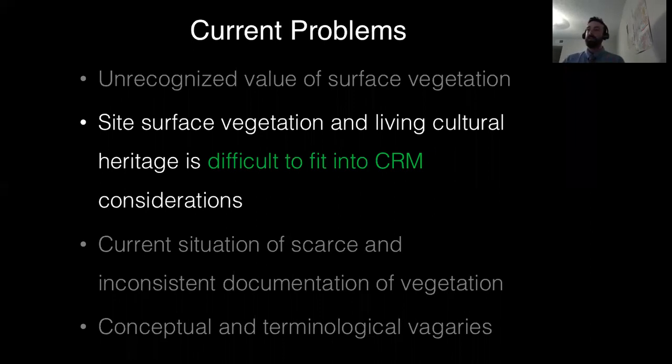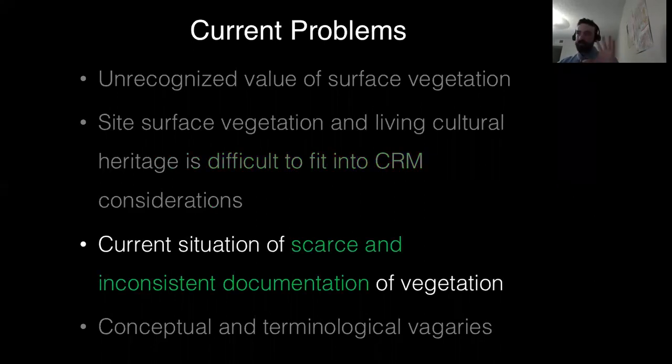And of course, plants can enter the conscience of governmental consultation discussions between federally recognized tribes and their agency's archaeologists when tribes point out vegetation worth considering, under the umbrella of religiously or culturally significant properties. So there are blind spots for sure, but there are existing avenues that we can use to justify incorporating this into our research designs.